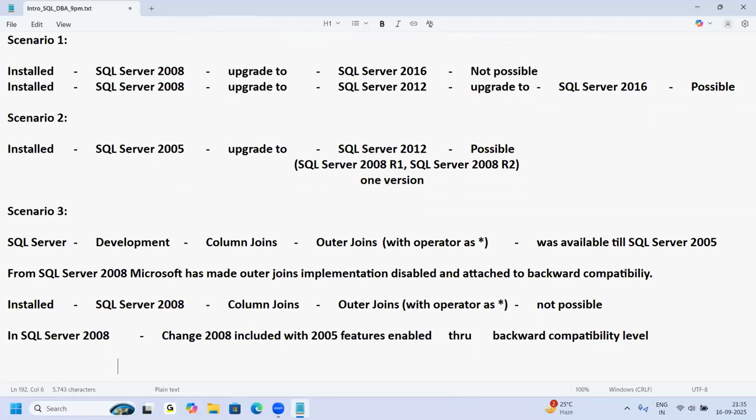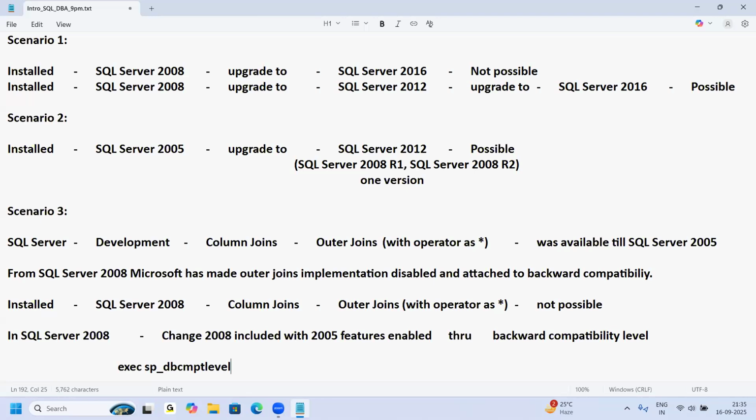Compatibility level. How would you do it? In SQL Server, we are provided one system stored procedure called sp_dbcmptlevel, the database compatibility level.